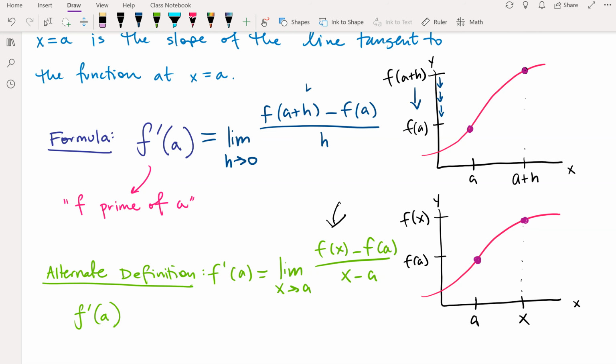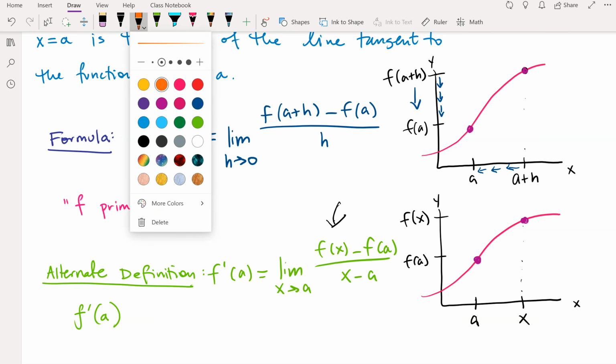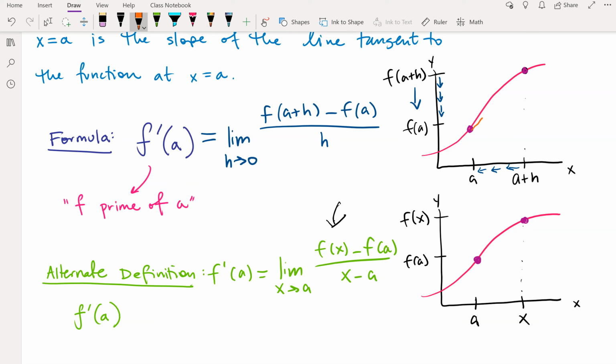And then on the bottom, because h is getting closer to 0, that a plus h is going to move closer and closer to a, this way, to the left. All right, so if we were to draw the secant line, the line connecting the two dots, it looks like this, right?